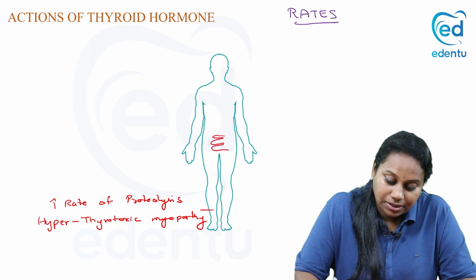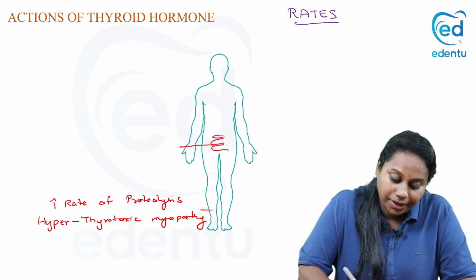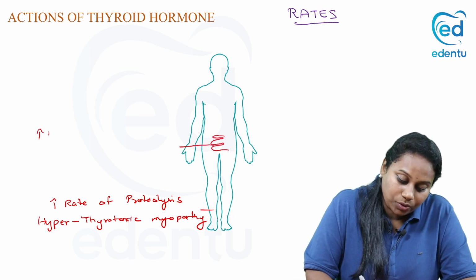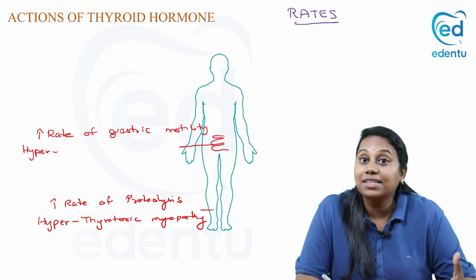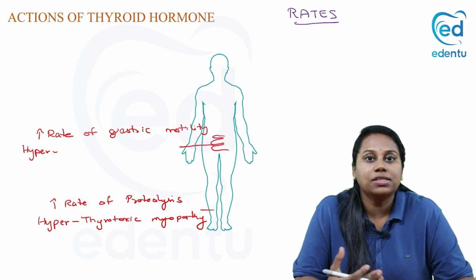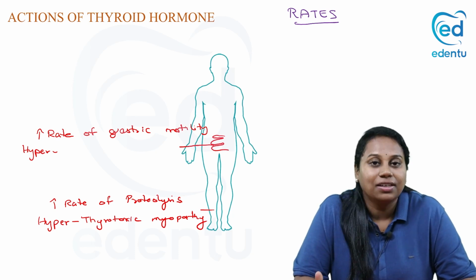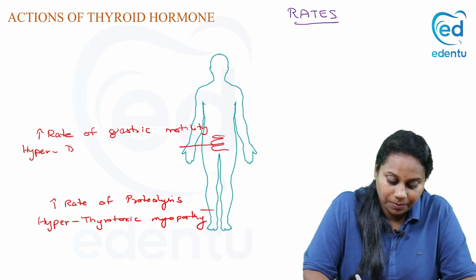To the intestines or the GIT, thyroid hormones increase the rate of gastric motility. That is why clinically hyperthyroid patients have increased gastric motility. So what is the symptom of increased gastric motility? Yes, you will have diarrhea.